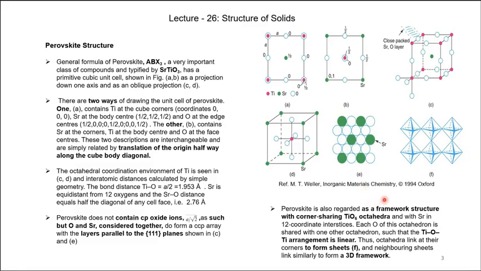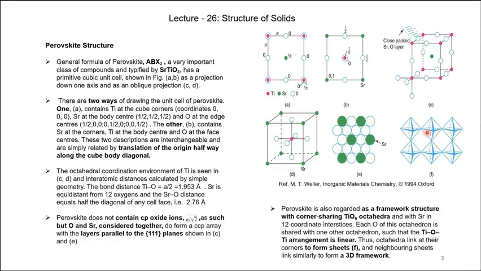Another thing we can see here, in F, is that this perovskite is also regarded as a framework structure with corner-sharing titanium oxygen octahedra, and with strontium in 12-coordination interstices.